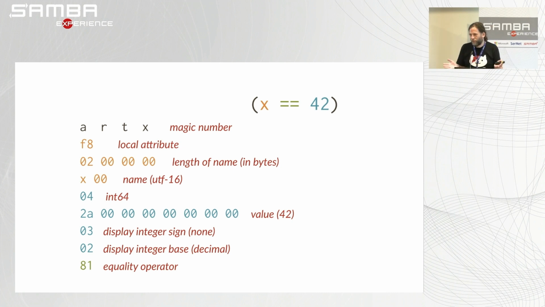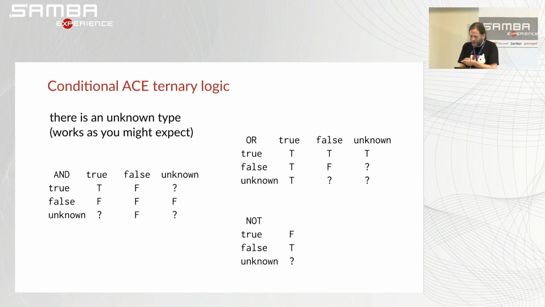And then at the end, you have the equals part, and it just says, now is this true or false, is this 42 or not, or unknown. If there was no such thing as x, it would say unknown. So there's a ternary logic, like a three-way logic: true, false, or unknown.